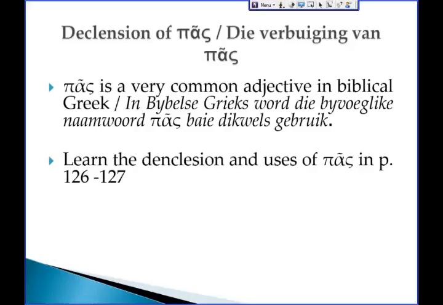Let's look at it. Pas, you have then pantos, panti, panta. Sounds like you are singing a song, a very common song. Pas, pantos, panti, panta. Singing a Greek song.